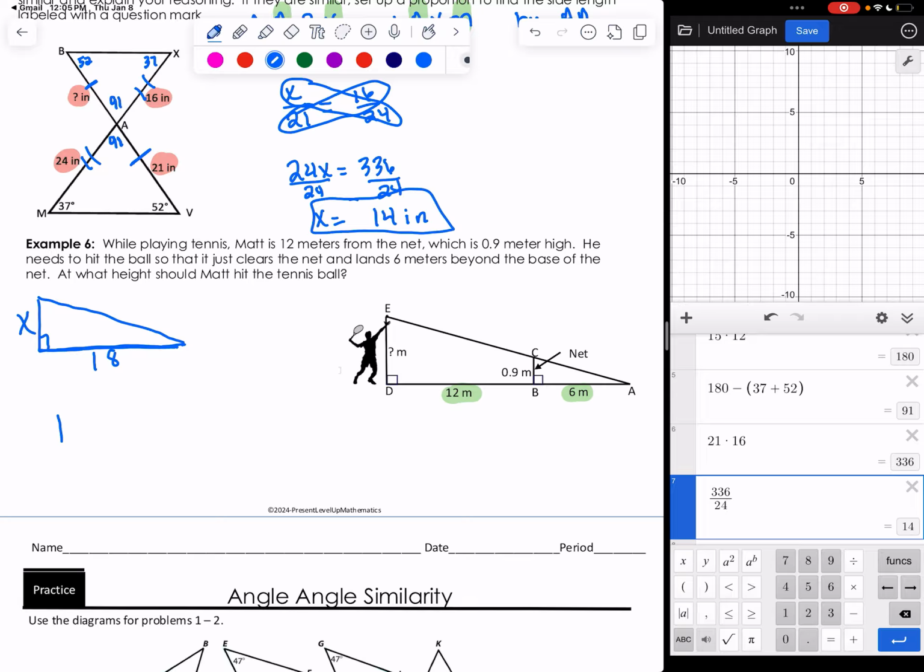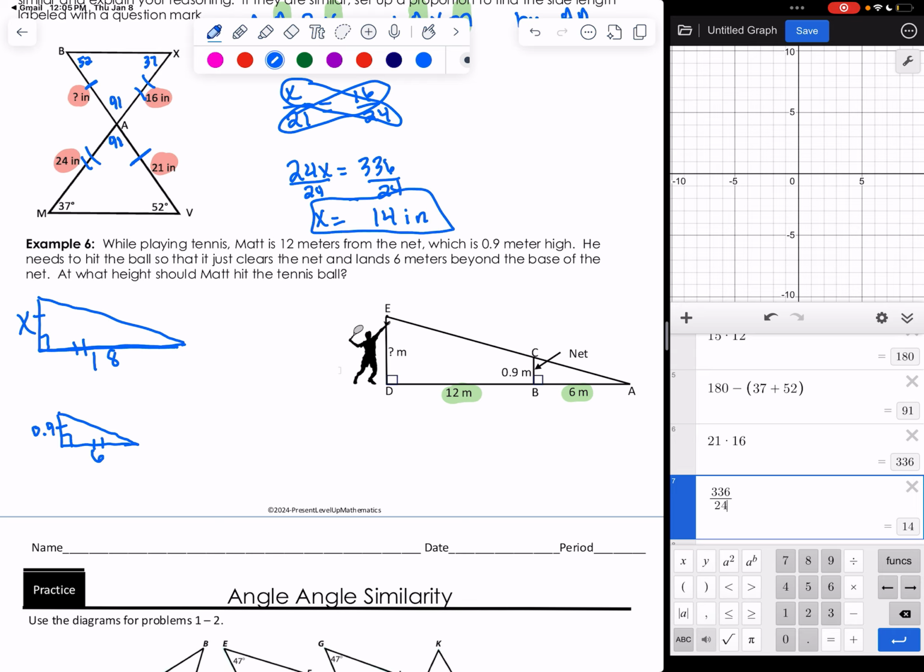So I'm going to make a smaller triangle here. And this is 0.9, and we know this is 6. And this was our right angle. Okay. Now, let's mark corresponding sides. So X corresponds to the 0.9, and the 18 corresponds to the 6.